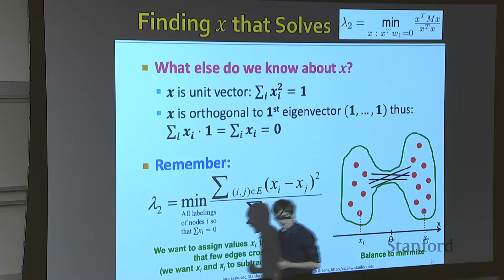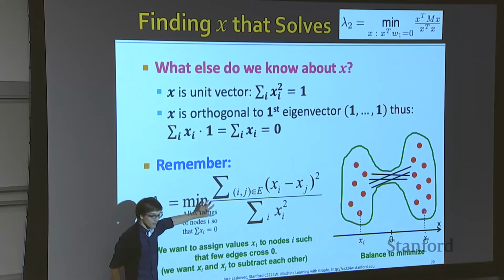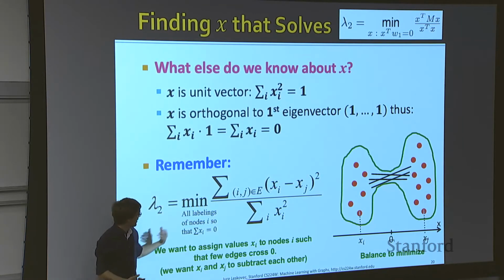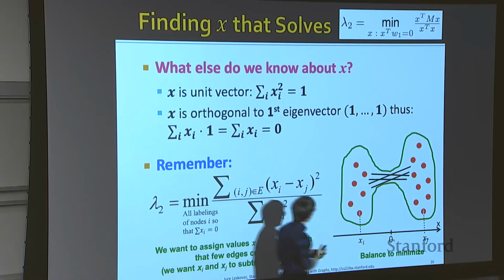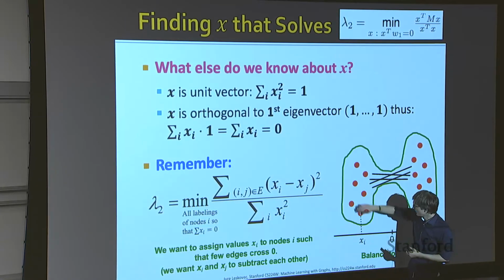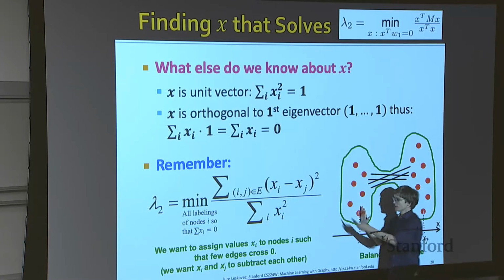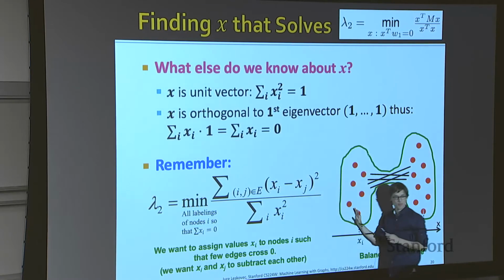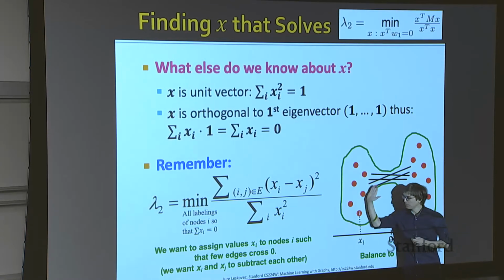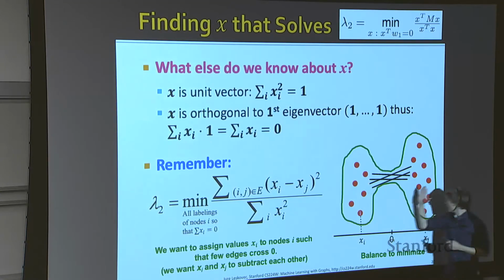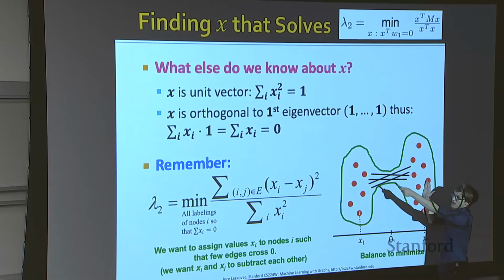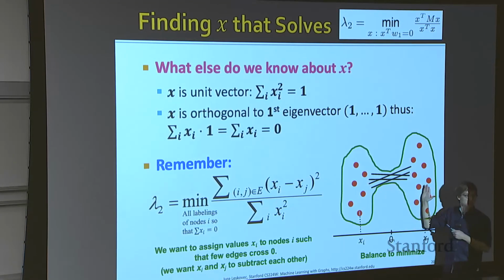So essentially what I'm trying to say is that in order for us to minimize this, what we want to do is take nodes that are connected to have the same value here so that these differences will be small. But we have to do it such that we put about half of the nodes here and the other half of the nodes here, because the sum over the coordinates has to be 0.